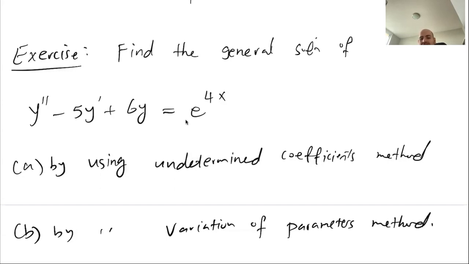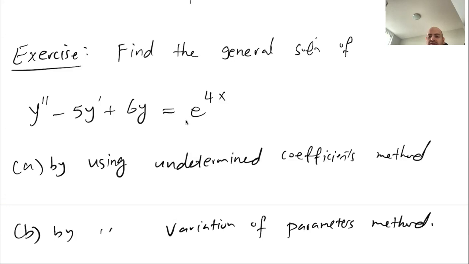So we can have a guess for our particular solution if we want to use the undetermined coefficient method. But we can also still use variation of parameters, because for variation of parameters, the only thing that we need is access to y1 and y2, the linearly independent solutions for the homogeneous equation, which is something we can easily find here.